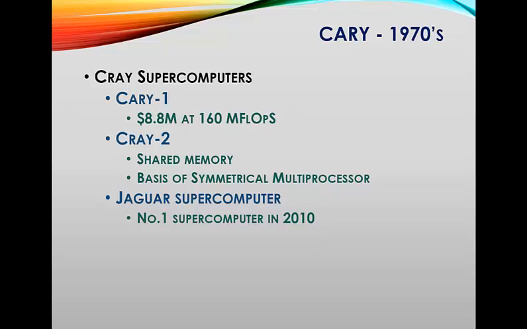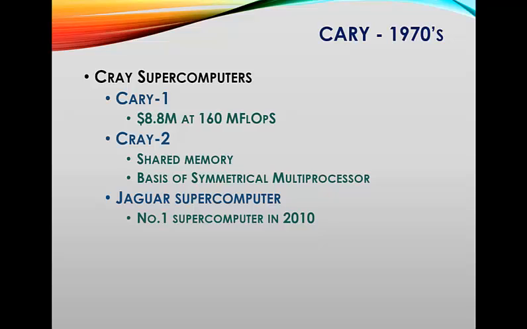If you want to think about it, a single Fermi GPU today can theoretically reach peaks exceeding 1 teraflops of performance. After the Cray 1, the Cray 2 was developed, which was a significant improvement over the Cray 1. It started utilizing the so-called shared memory architecture, and it basically split the memory of the Cray 1 into multiple blocks.